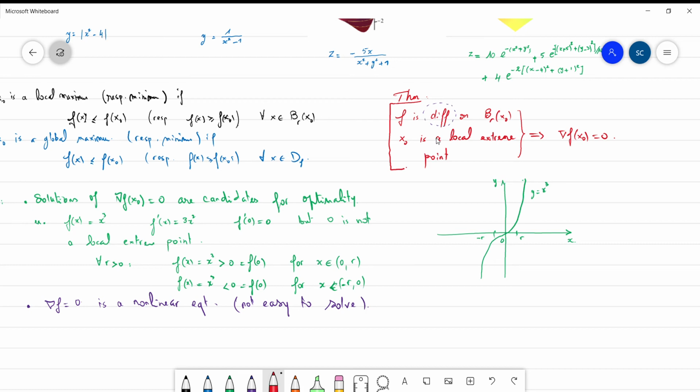We may have an extreme point without the assumption of differentiability.